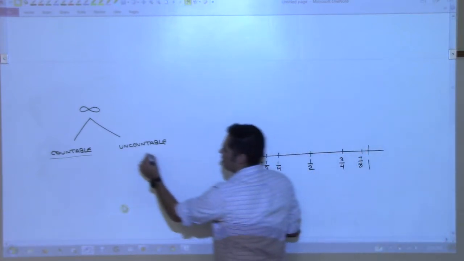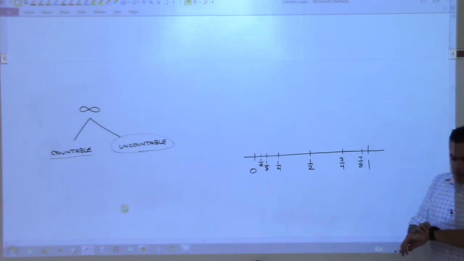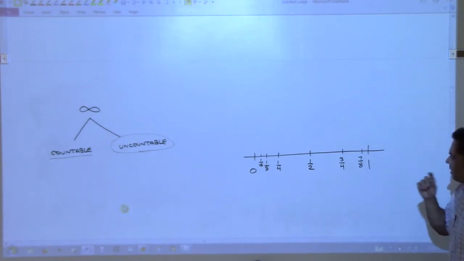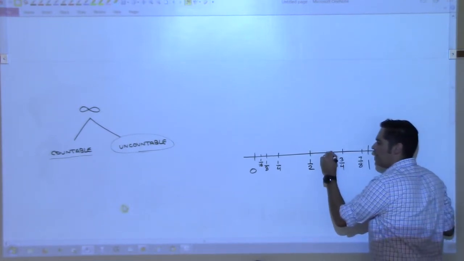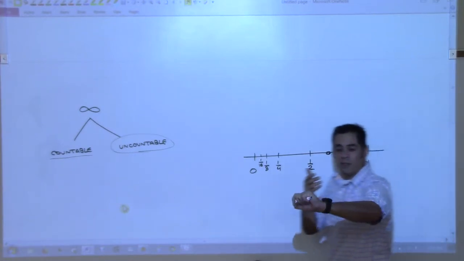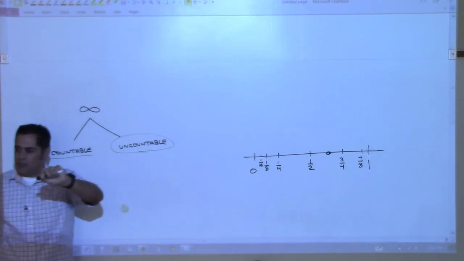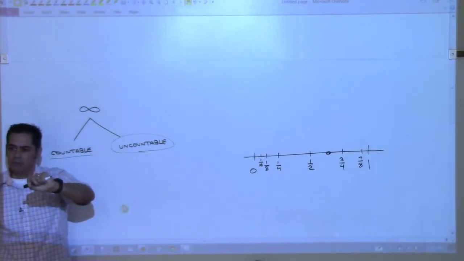This one is the one that's more interesting: uncountable. I always am amazed by the reaction of this. Well, not amazed, but it confirms some things I already kind of know. If I go in here right now and I pick a number, right? I close my eyes, I reach in there, I grab a number. Is there a fraction that represents that number?